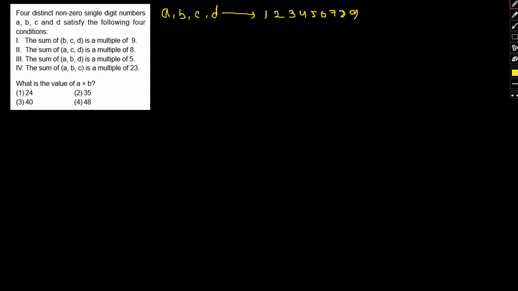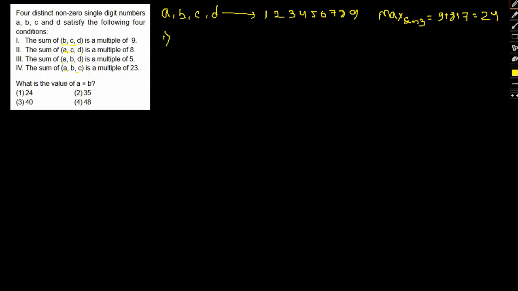Since we are concerned with the max sum, and in all these cases we have three numbers, the max sum of three numbers would simply be 9 plus 8 plus 7, because this is the maximum digit we can have. So that would be 24. This is the maximum sum we can have. Okay, so now having said that, let us go condition by condition.